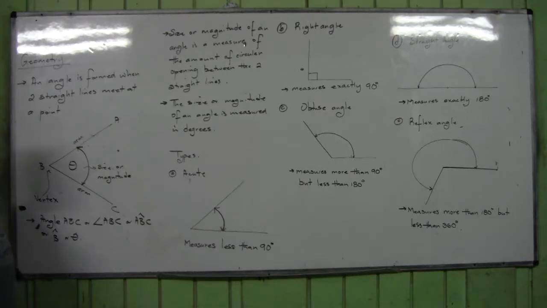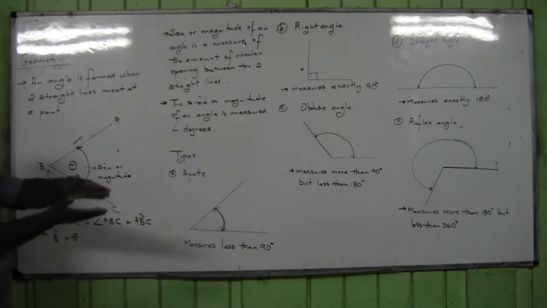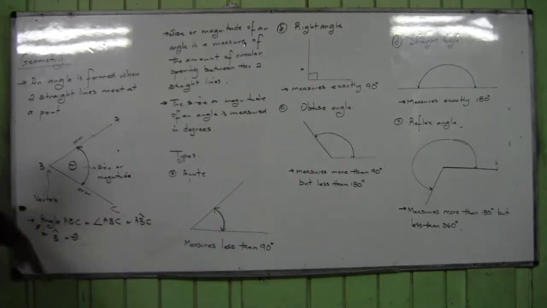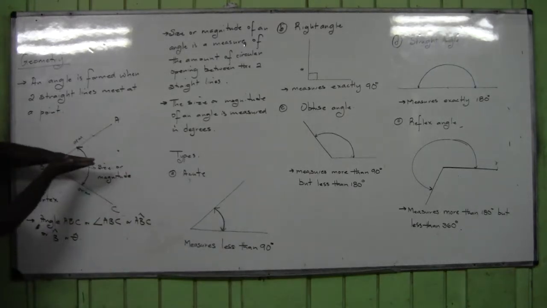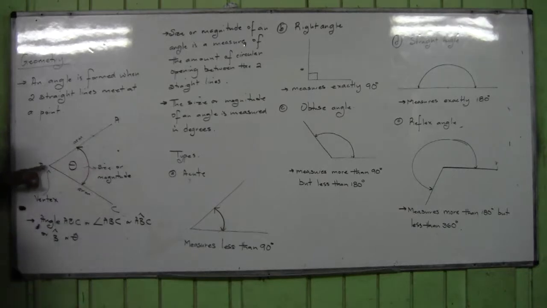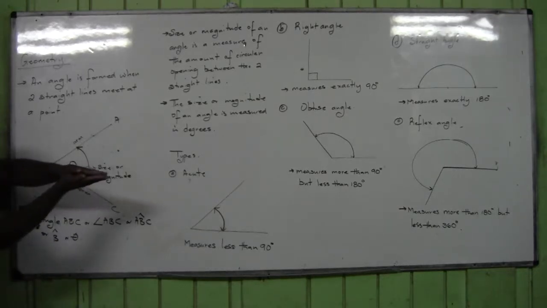So, let's talk about the size or magnitude of an angle. The size or magnitude of an angle is a measure of the amount of circular opening between the two straight lines. Two straight lines meet, and where they meet is the vertex.